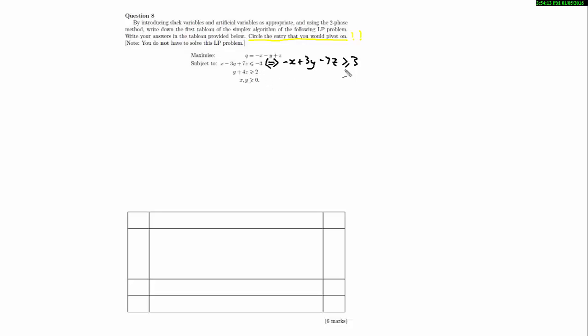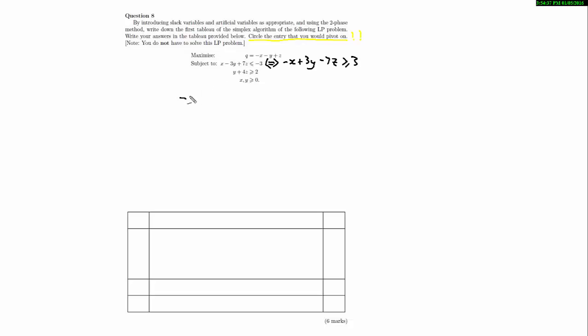We can now get rid of these two greater than or equal to signs and make them into equal signs by introducing slack variables and artificial variables. Okay, so for both of these constraints, because we do have greater than or equal to signs, we will need to introduce a slack variable and an artificial variable.